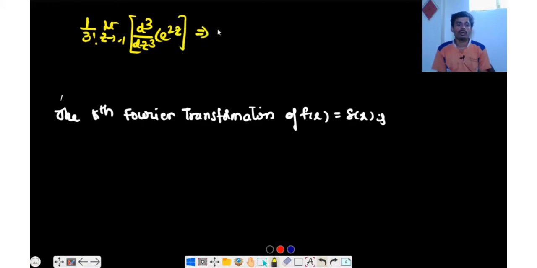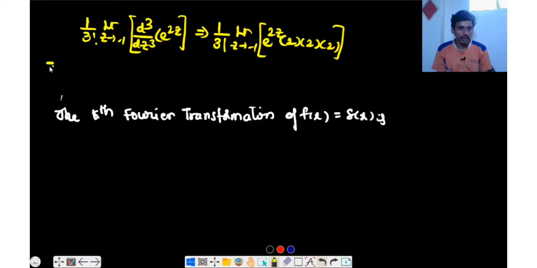Now we will get 1 by 3 factorial into differentiation 3 times, limit z tends to minus 1, of e^(2z), which gives 2 into 2 into 2. Okay, now we'll write 1 by 3 factorial, limit z tends to minus 1, e^(2z) into 8.